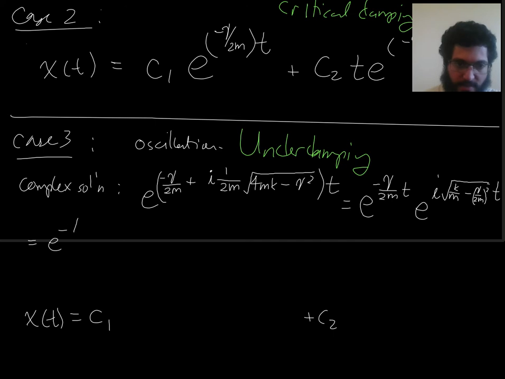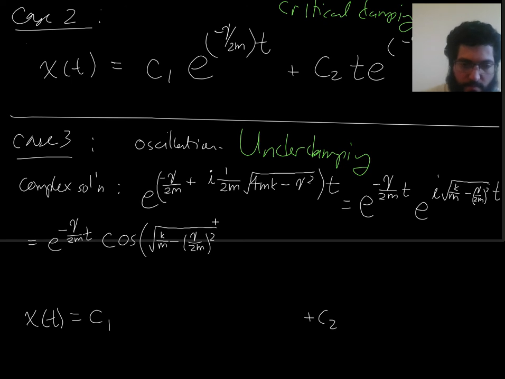Okay, and that's e to the minus gamma over 2m t times, so when I have e to the i something, that's cosine the something plus i times sine the something. So that's the principle that we use to get the real and imaginary parts. So I've just copied this over, and then let me distribute it. So the first part will be cosine that thing times t plus i times, and then I'm distributing this thing, so that's still hanging around there.